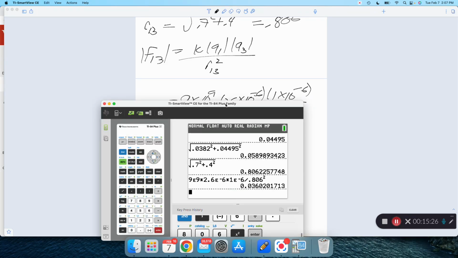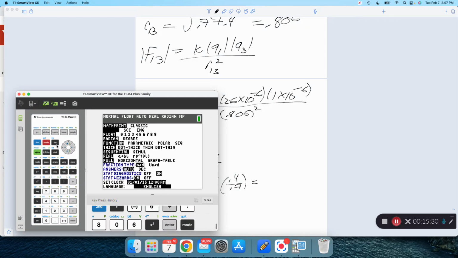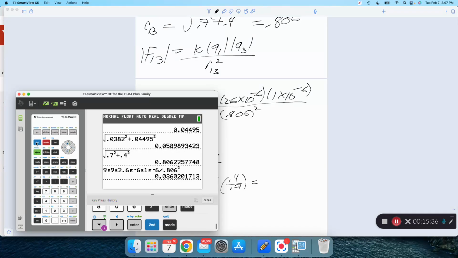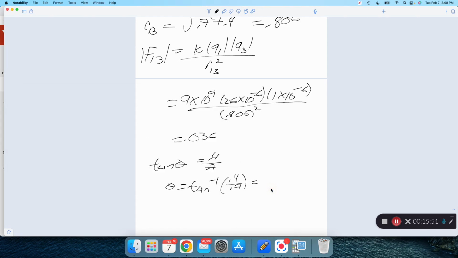As long as I were consistent later, it wouldn't have mattered. But I am going to make sure I'm in degree mode. And then do inverse tangent, 0.4 divided by 0.7. And I get an angle of 29.74 degrees.